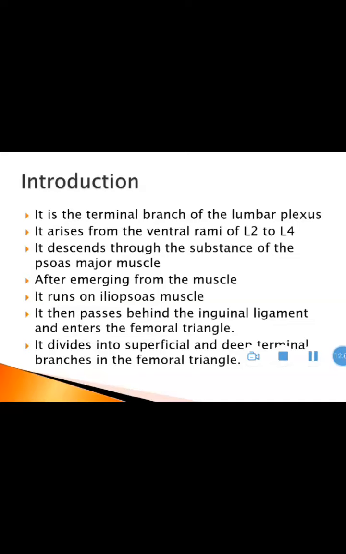After emerging from the muscle, it runs on iliopsoas muscle. It then passes behind the inguinal ligament to enter the femoral triangle. It divides into superficial and deep branches in the femoral triangle.